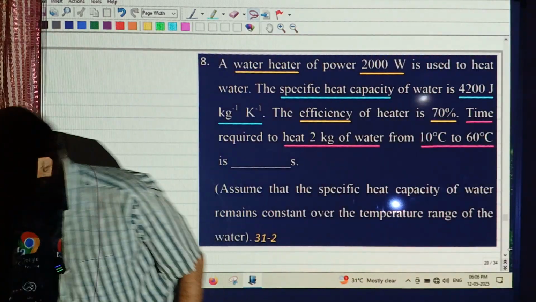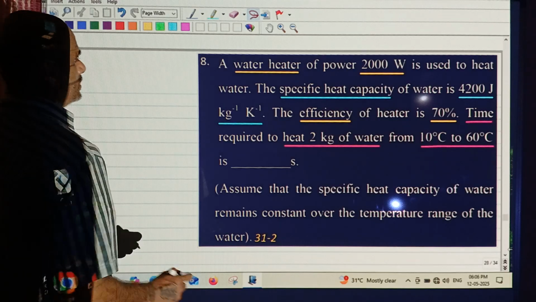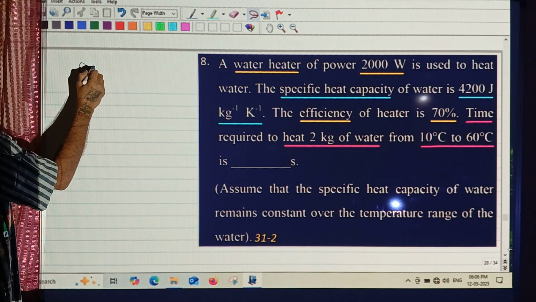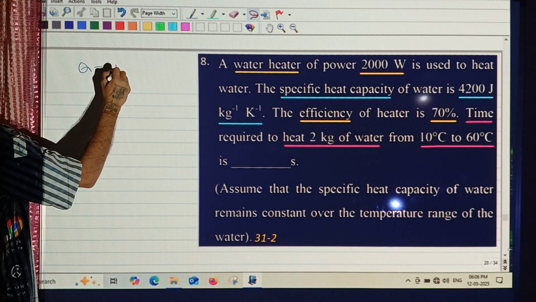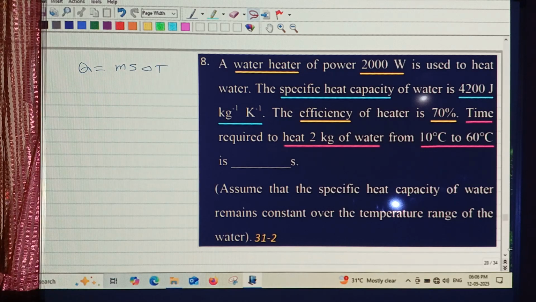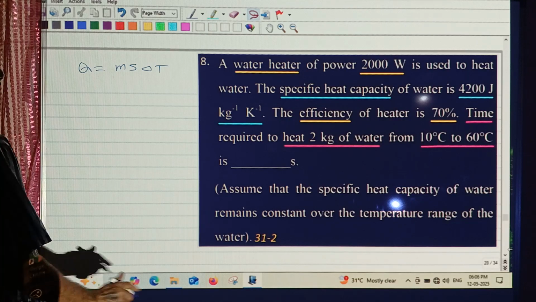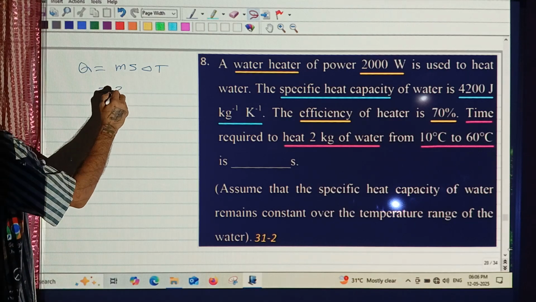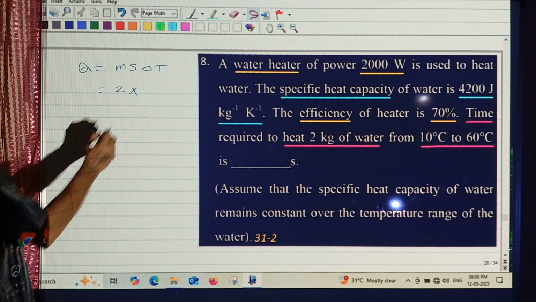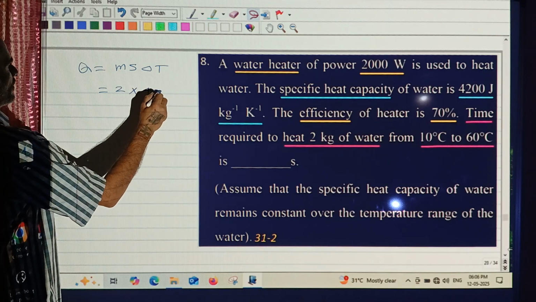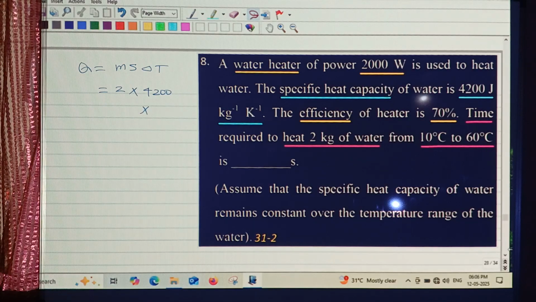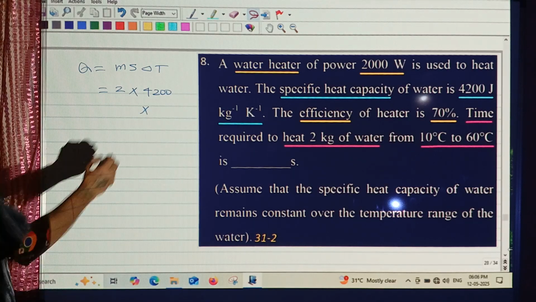Here is the solution. So the heat that is supplied to water, which is going to heat it, is mass into specific heat into delta T. Mass of the water is 2 kg and specific heat is 4200 SI units, and the temperature rises from 10 to 60 degrees Celsius, so it's 50.